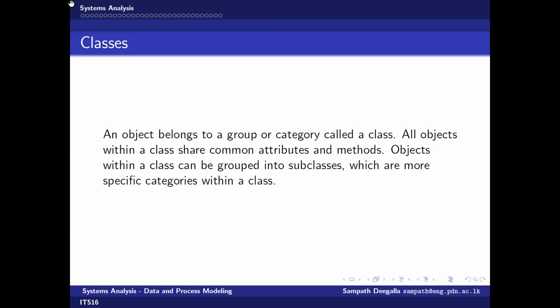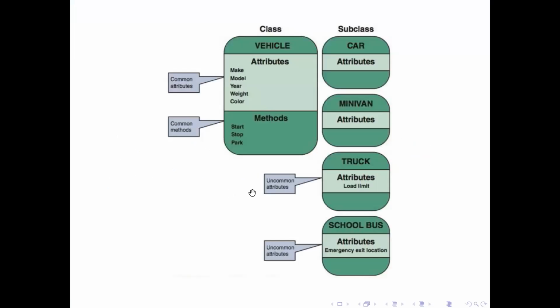Right. Okay. So a class will have, as I told you, kind of a template. So when you create objects, they will have the same attributes and the methods, right? Okay. Now let's look at some subclasses, like we have a vehicle, and then there are some subclasses based on vehicle.